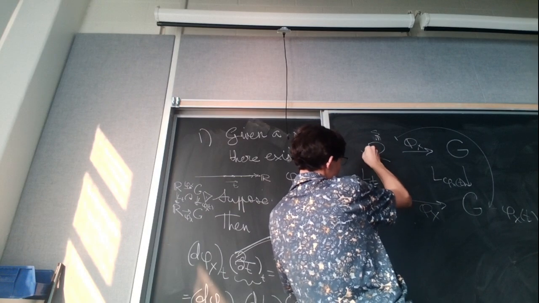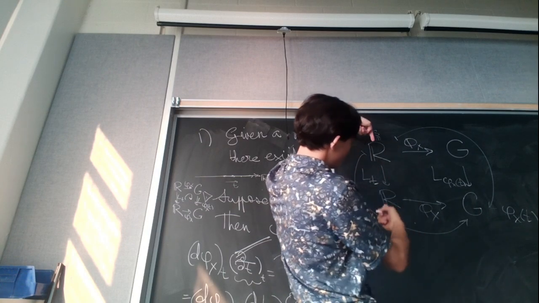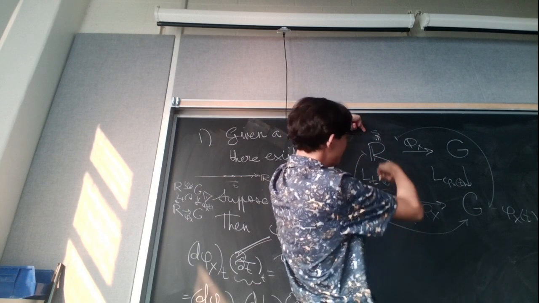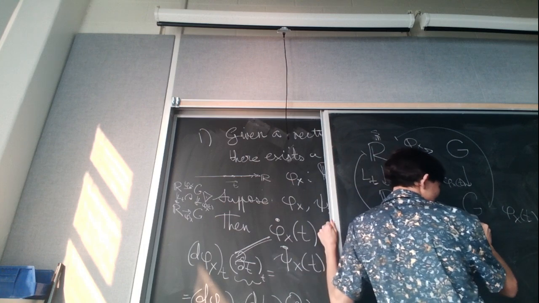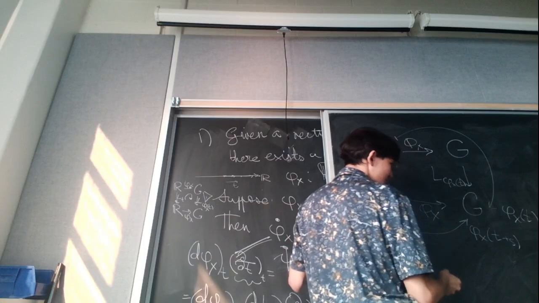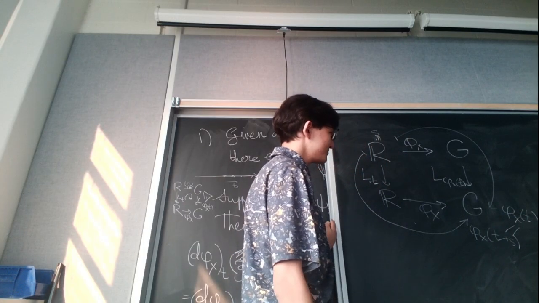And this composition will give you, first you translate by t, so you had s, now you have t plus s, and then you apply phi_x, so you get phi_x(t plus s). And the equality between these is exactly the homomorphism condition.